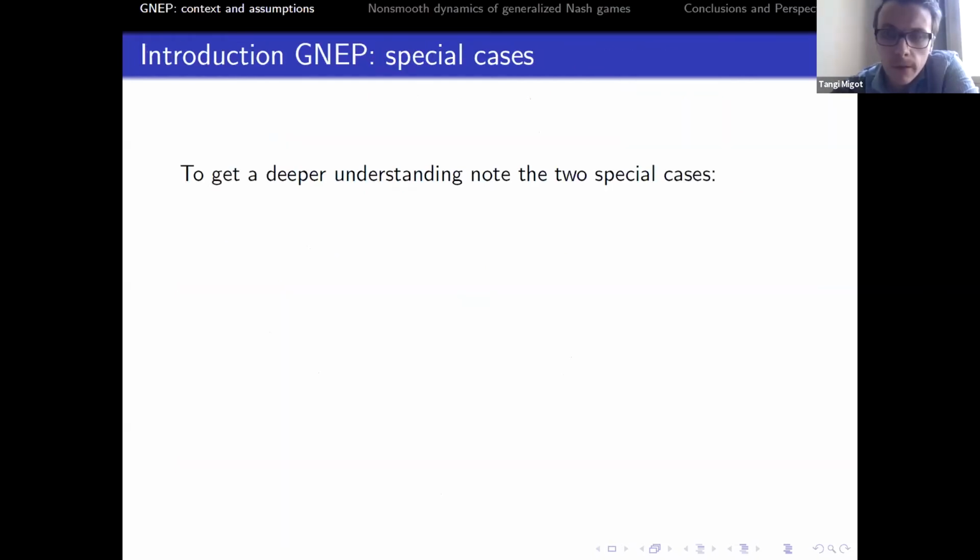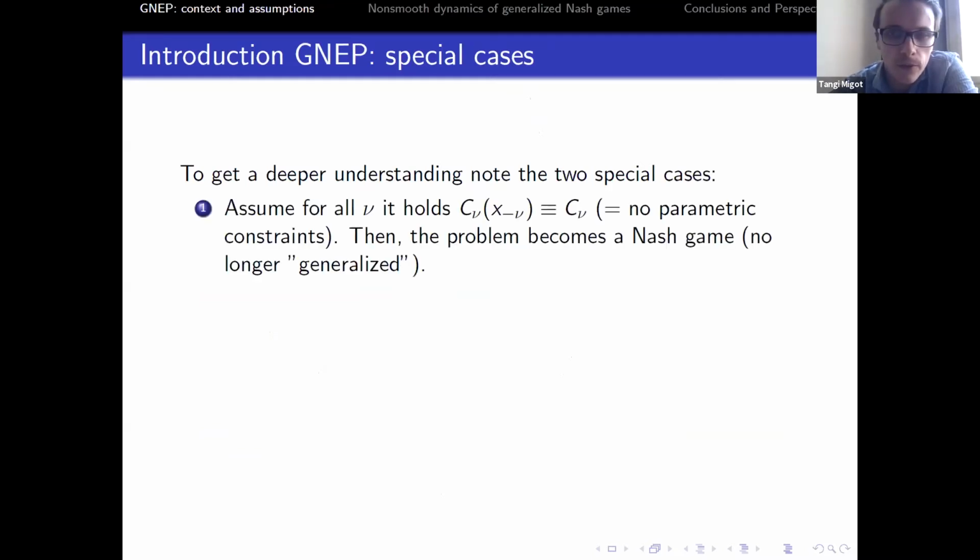Great. Okay, so further remarks on the GNEP. I believe it's always interesting to understand a problem to see what is underneath. So let's talk about some special cases. The first very classical one is when the constraint set C nu actually does not depend on other strategies, then you have the original Nash game.